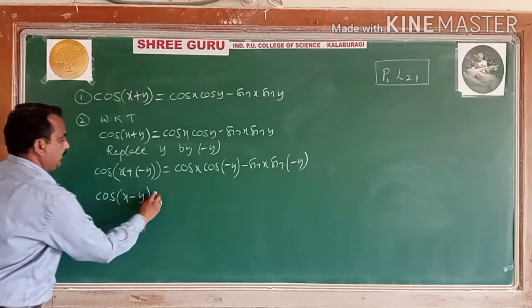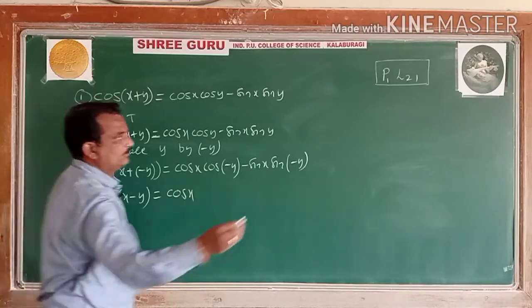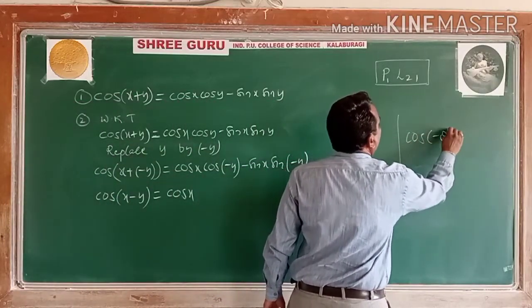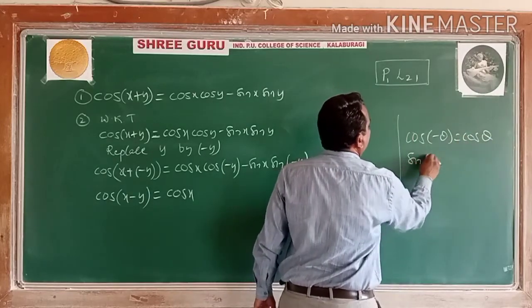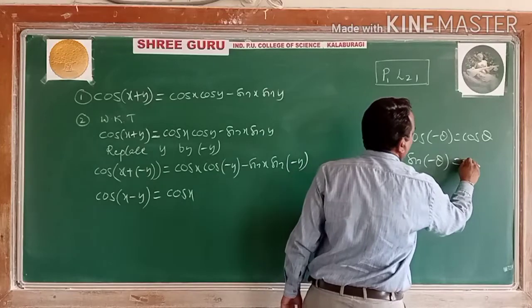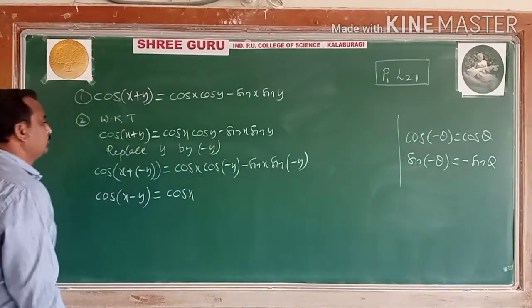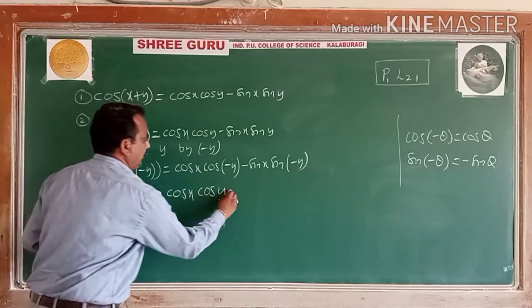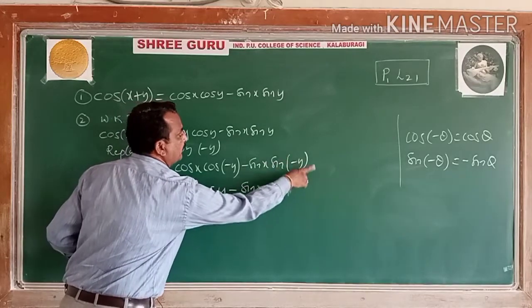Cos of x minus y is equal to cos x into, what is cos of minus theta? We have taken this in the previous classes. Cos of minus theta becomes plus cos theta, and sin of minus theta becomes minus sin theta. So cos of minus y is cos y, minus sin x into, what is sin of minus y?